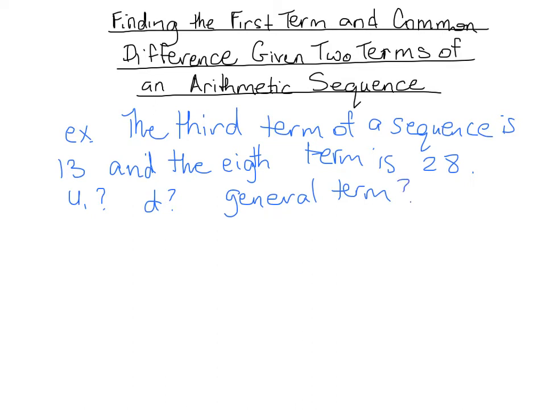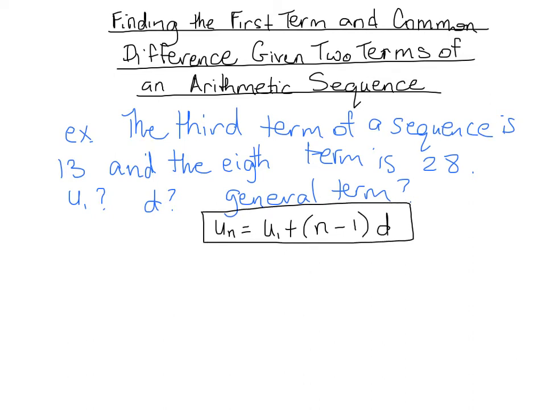So we have the general equation, un equals u1 plus n minus 1 times d. So that's just the general term formula. It's usually on any formula sheet, or you usually learn it as soon as you start off arithmetic sequences.